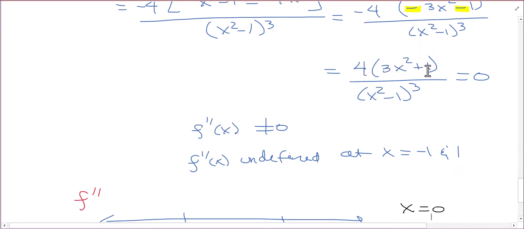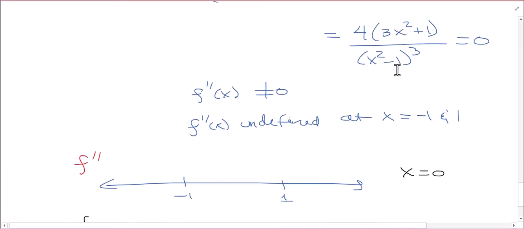Top is positive 4 times 1. So when x is 0, you're going to have, for the second derivative, positive divided by 0 minus 1 is negative 1, cubed is negative. So positive divided by negative is negative. So our second derivative is negative when x is 0.